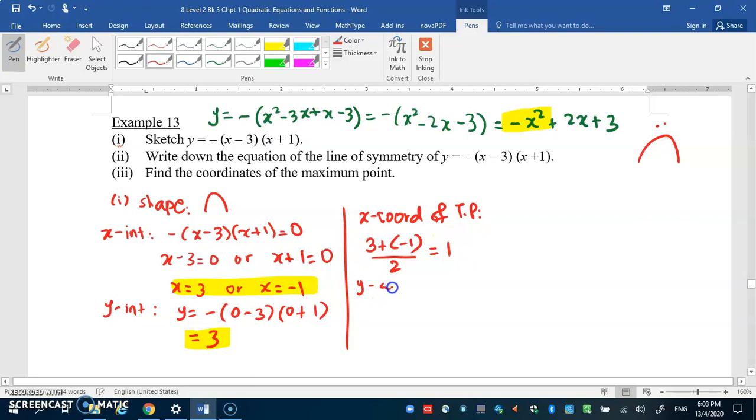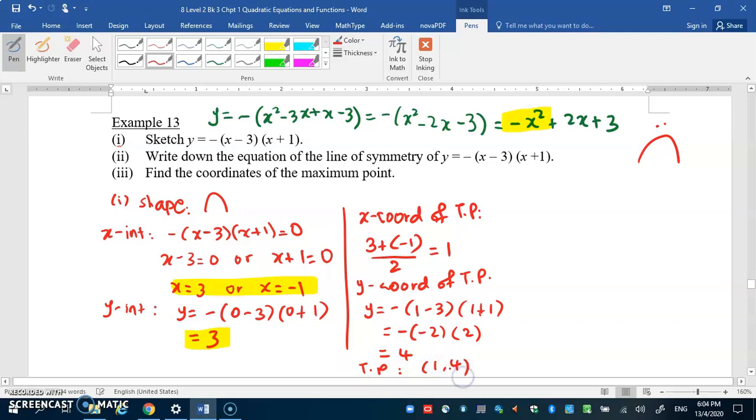And hence, for the y coordinate of the turning point, I will sub this x equals to 1 into the equation. I'll get 1 minus 3, 1 plus 1. So this is negative of -2 times 2. This is -4 with the negative in front. Negative of -4 is 4. So my turning point is basically (1, 4).